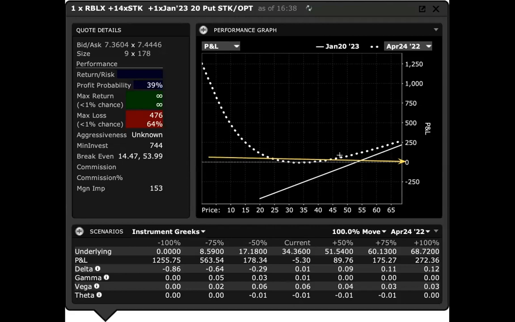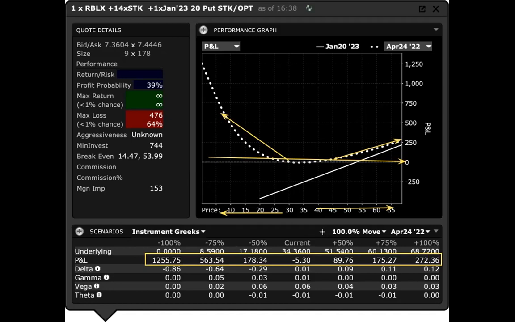Well, you can see here that the stock goes up, the curve is going up. The stock drops, the curve is going up. What does it mean? It means that either the stock goes up or down, we are making profits. How do we know? With numbers. P&L for each scenario.